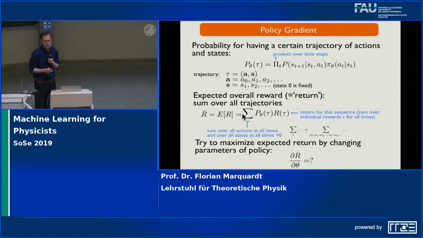Now the sum over all trajectories is of course a gigantic sum, because each trajectory is specified by all these different actions and all these different states. So this sum is actually a repeated sum over all possible a_0, a_1, a_2, s_1, s_2, and so on. So it's a very high dimensional thing, a repeated sum over many different variables.